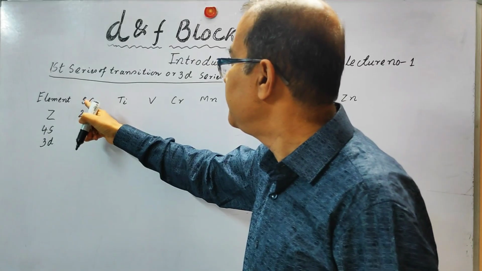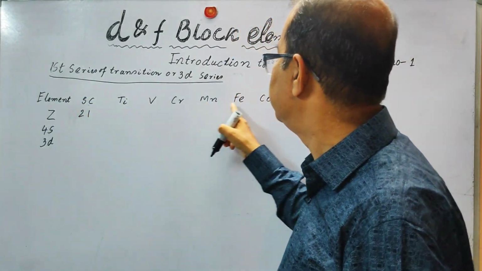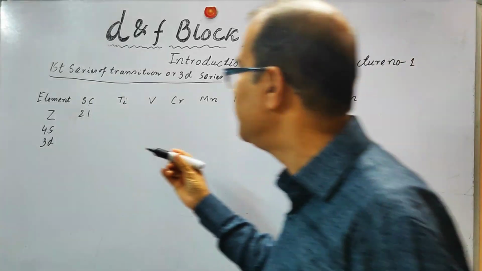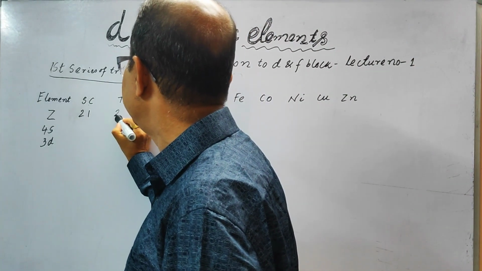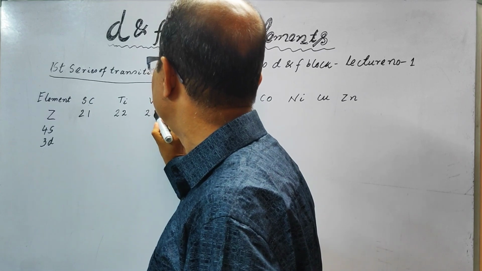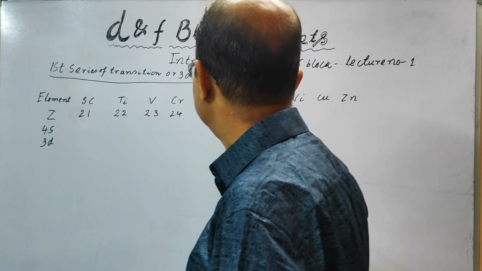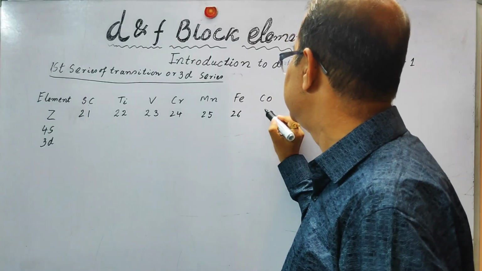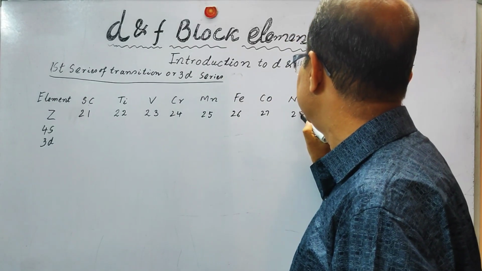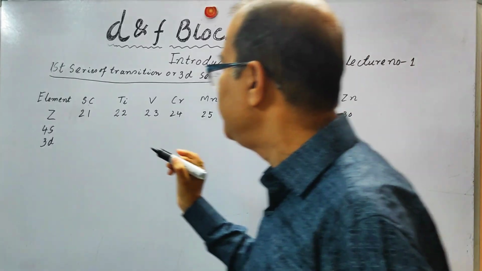So you see there are 10 elements: 1, 2, 3, 4, 5, 6, 7, 8, 9, 10 elements, and their atomic numbers are serially 21, 22, 23, 24, 25, 26, 27, 28, 29, 30.